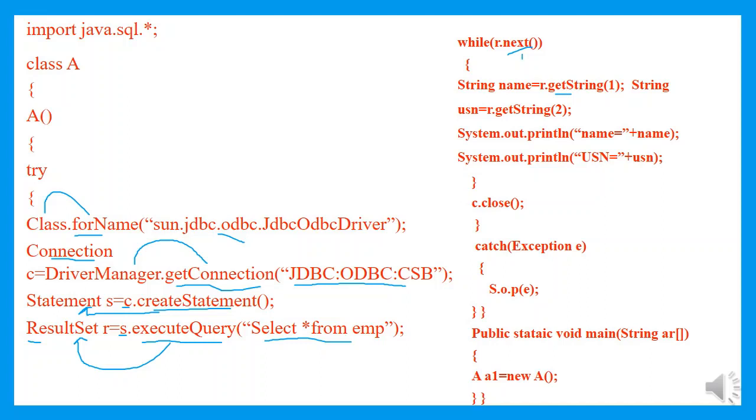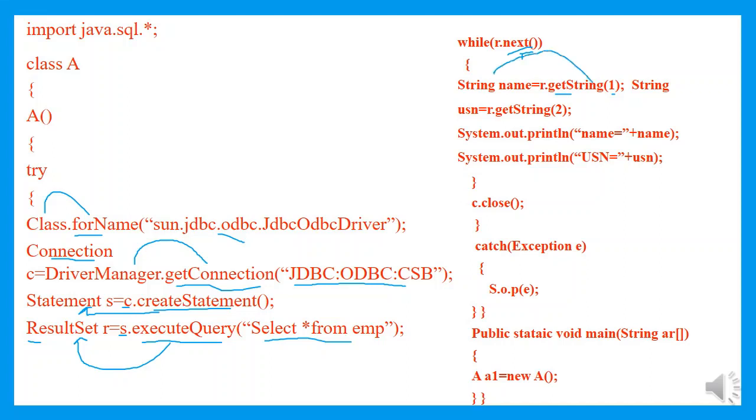Next, I want to retrieve a value from a particular column. In order to retrieve the value of a particular attribute, we make use of the getX method, where X can be replaced with the type of the attribute. Here X is replaced with String because the type of the attribute is varchar, and this method takes one argument, that is the column index or column name, and the return value will be assigned to a String.